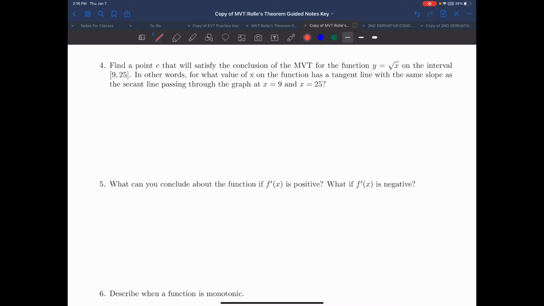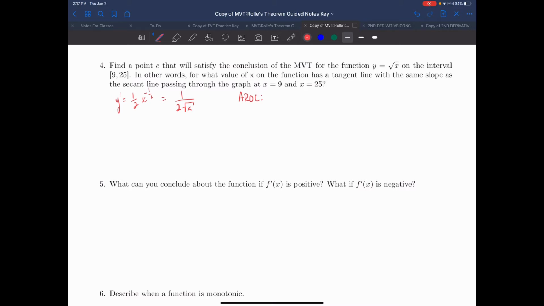So y prime. Well, y is root x, so y prime will be 1/2 x to the negative 1/2. And I will simplify this because I'm going to have to use it in a different form. So that's 1/2 root x. Okay, now the average rate of change. So the average rate of change between those two is f of b minus f of a divided by b minus a.